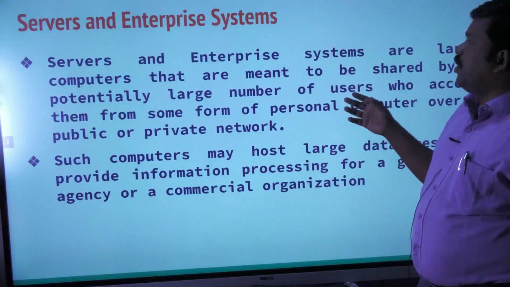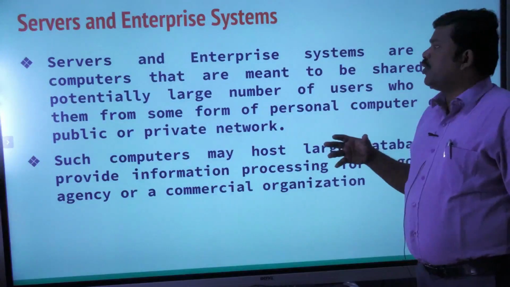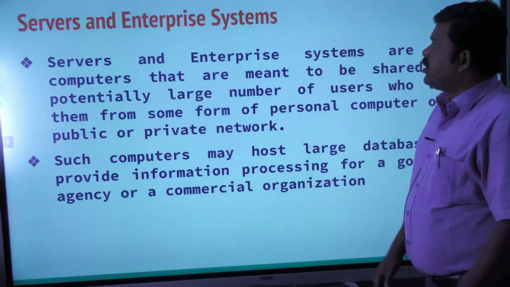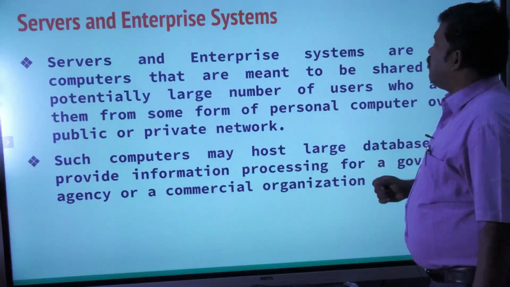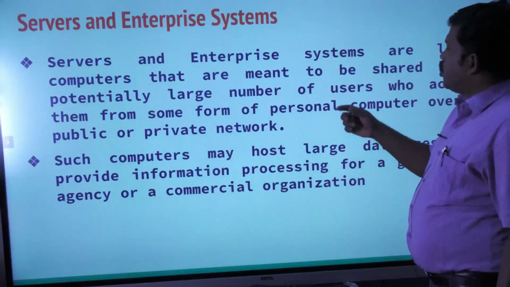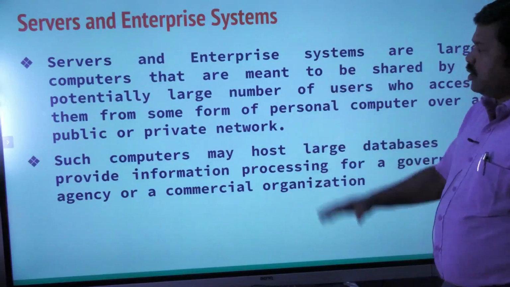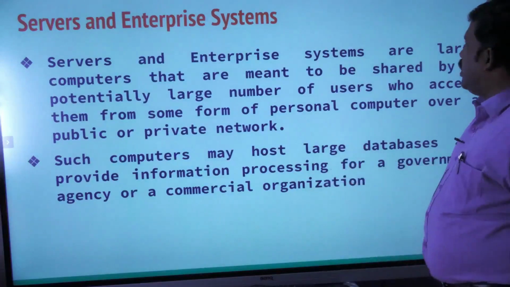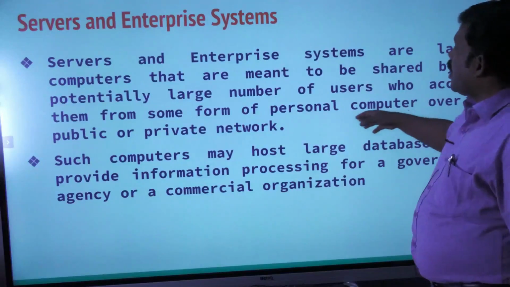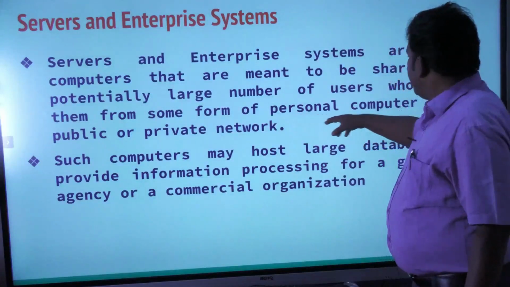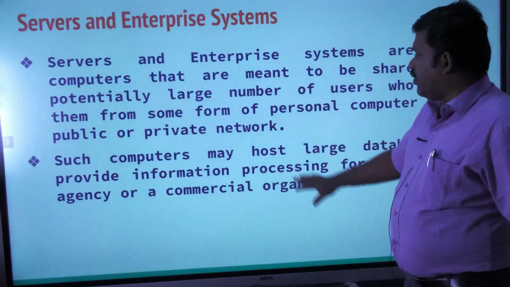These are places where we need a fast computer that performs computations at millions of instructions per second, so servers and enterprise systems are heavily used where we need a high processing environment. It is some form of personal computers over a public or private network.